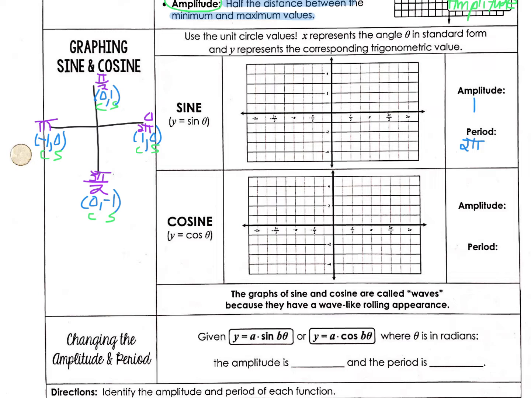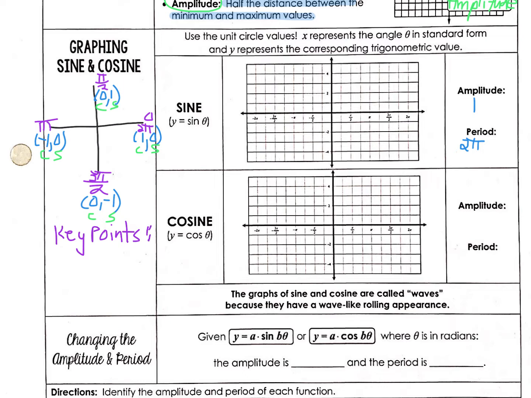The other thing we're going to talk about are key points. You need to have 5 key points when you plot your period. Now, all of these graphs are labeled the same, so as we stretch a period out really, really long, we may not actually get all 5 of these key points in, but we're going to try our best.